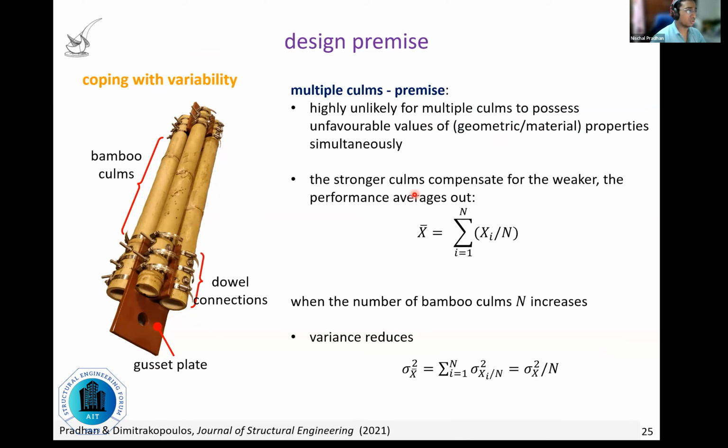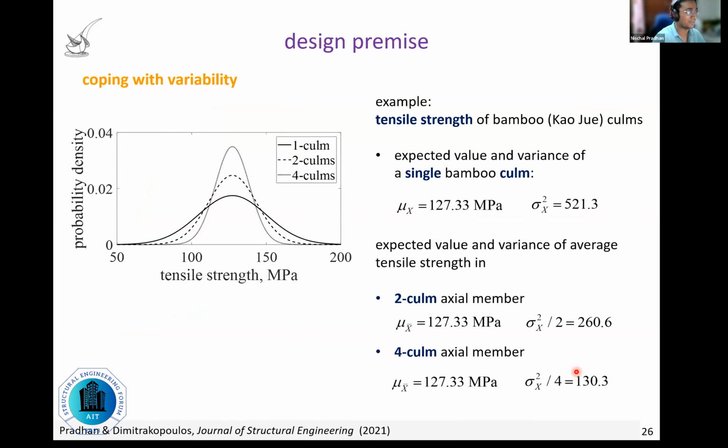So the stronger columns compensate for the weaker, and the overall performance of the member averages out. What it means is that the variance reduces. In particular, the variance of a multi-column member equals that of a single column divided by the number of columns. If you believe in this, we can see the magic happening right now.